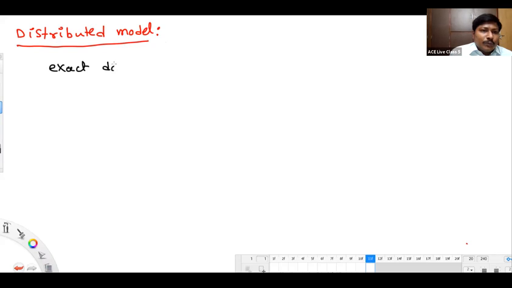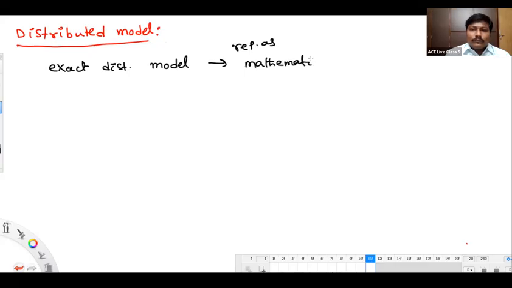Exact distributed model means it is represented in the form of mathematical equations.